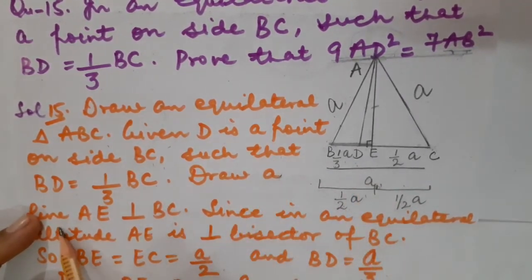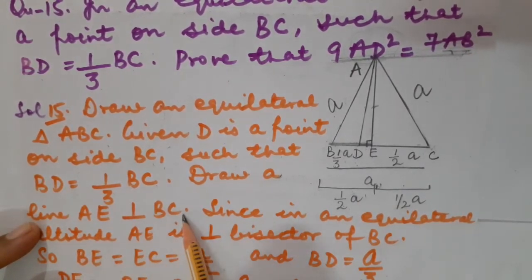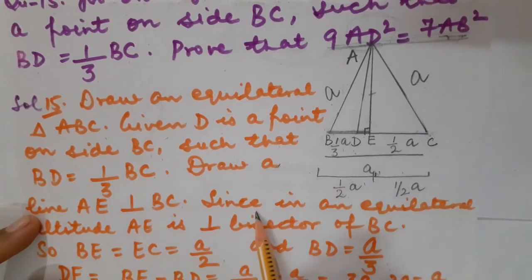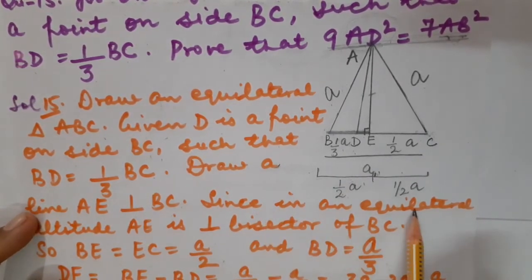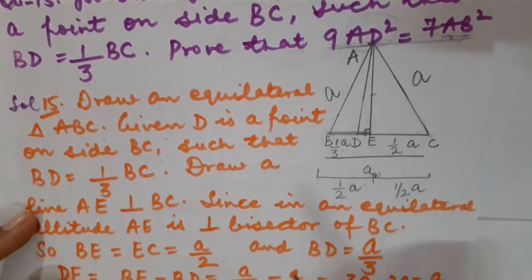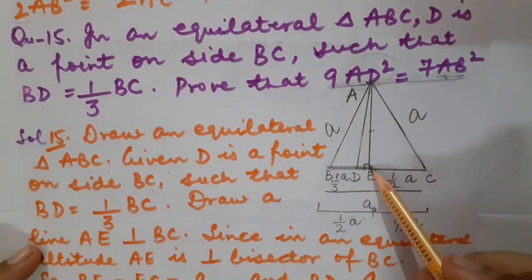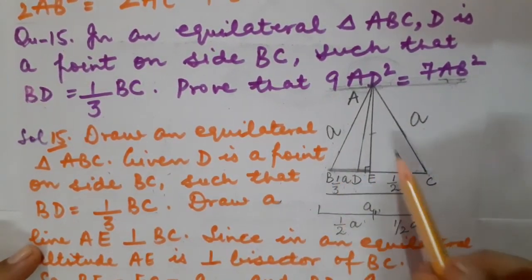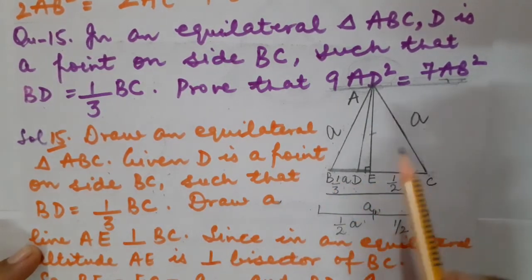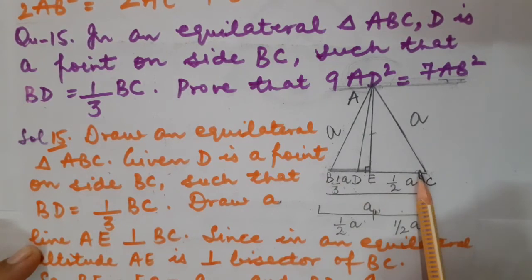Now draw a line AE which is perpendicular on BC. Since children you know that in an equilateral triangle, the altitude and the median, or I can call it the perpendicular bisector also, is one and the same thing. So if AE is median, it is altitude also, and a median is going to divide the opposite side in two equal parts.